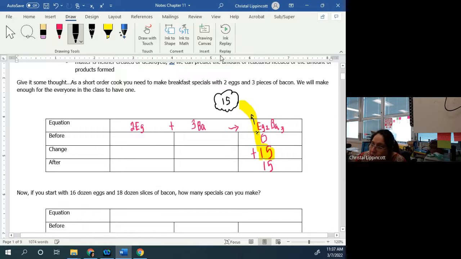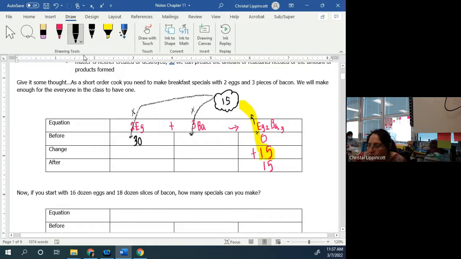Okay. So now we're trying to figure out how many of each of these we're going to make. When we come down out of the cloud, we go through these coefficients again. And this time, instead of dividing, we're going to multiply. Exactly. Okay. So you're going to multiply here, and you're going to multiply here. So here, 15 times 2, I would need 30 eggs.